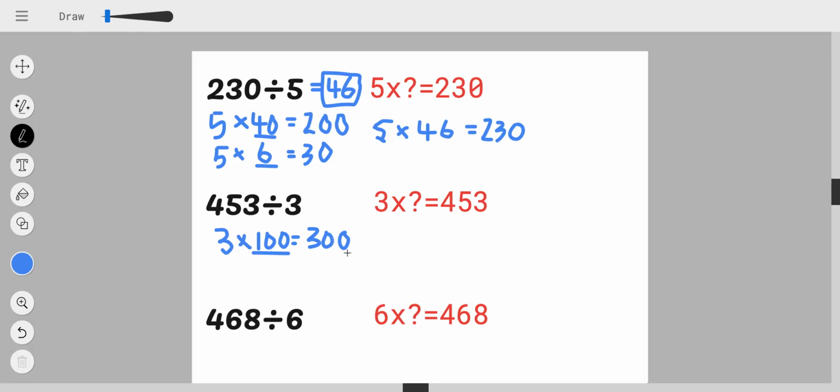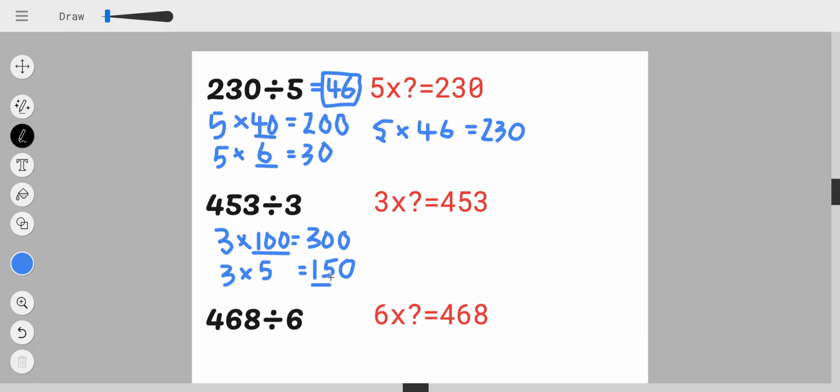All right, okay, I think I can do that. I think I can take a 150 out of that. So 3 times what, I'll leave a little gap, equals 150. Now I know that's going to be friendly because I know that 3 times 5 gives 15. And I've got 15 kind of over here.